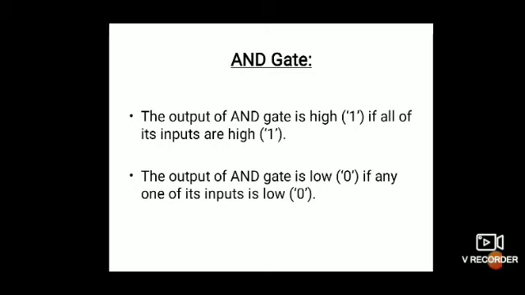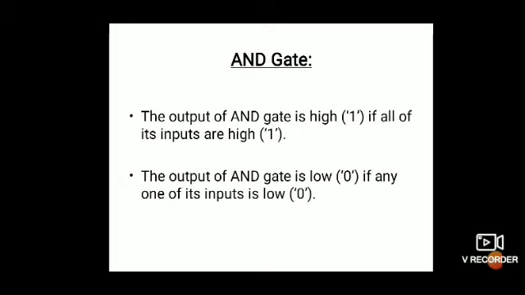So first we will discuss the AND gate. The output of the AND gate is high if all the inputs are high. As we said earlier, in digital electronics we deal only with either 0 or 1. If there is a 0, it means it has no signal, and if there is a 1, it means it has some information or data.